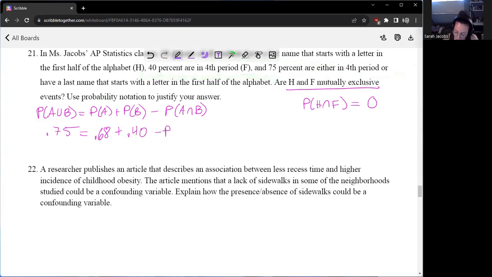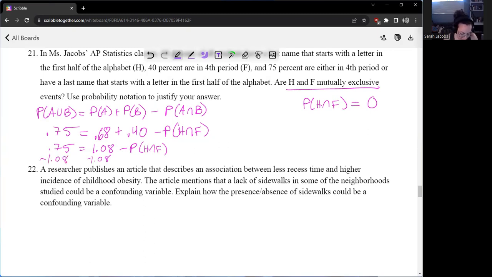And then the probability of both having a last name in the first half of the alphabet and being in fourth period is what we're looking for. So we'll get 0.75 equals 1.08 minus P(H and F). And we'll subtract 1.08 from both sides.